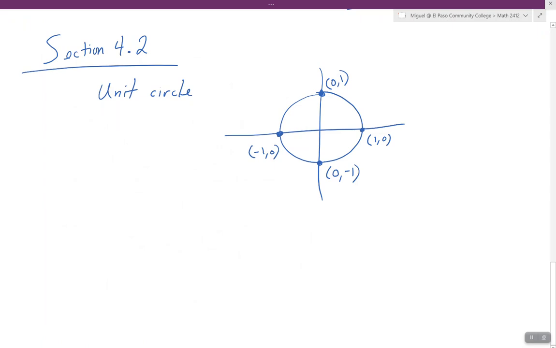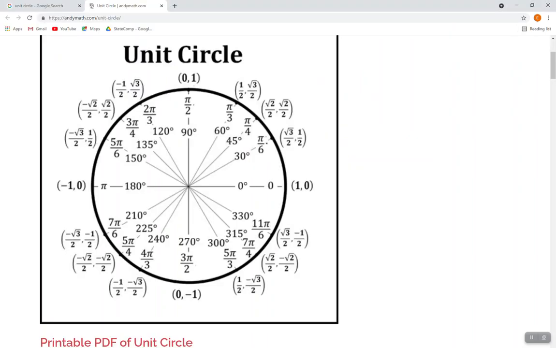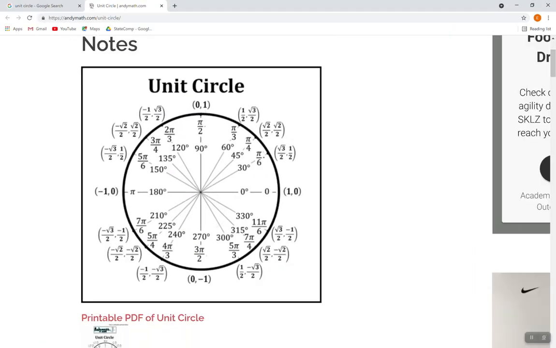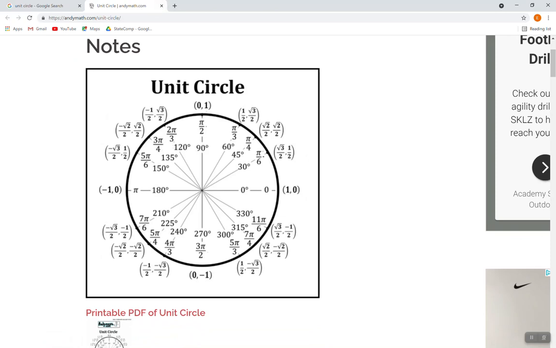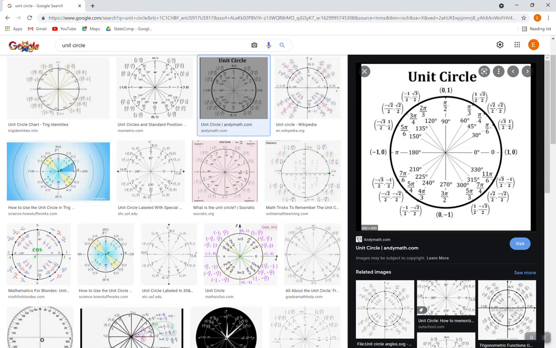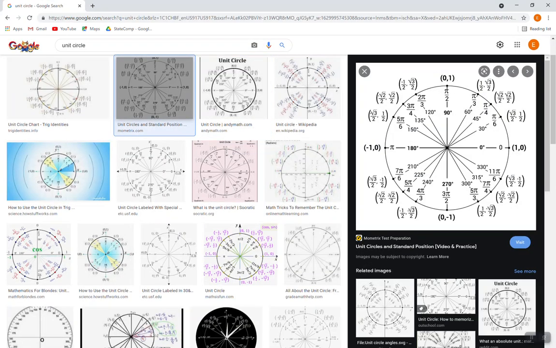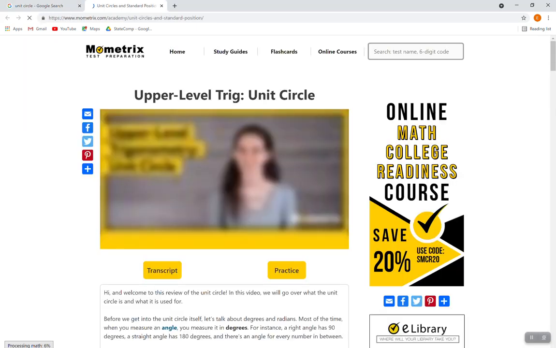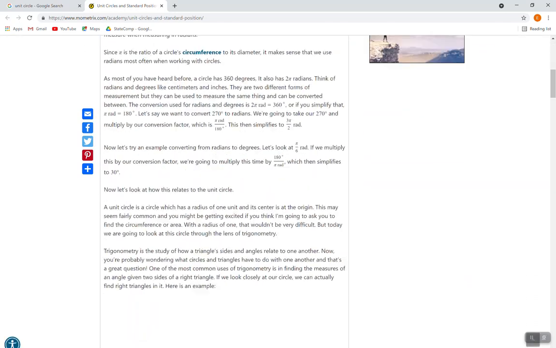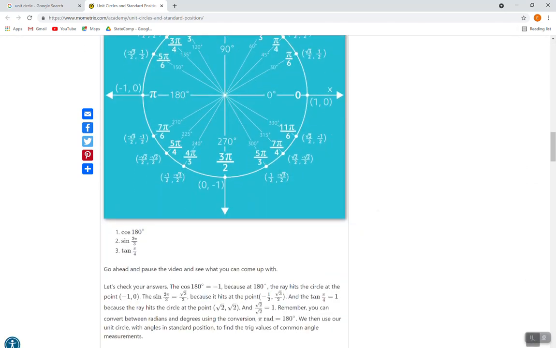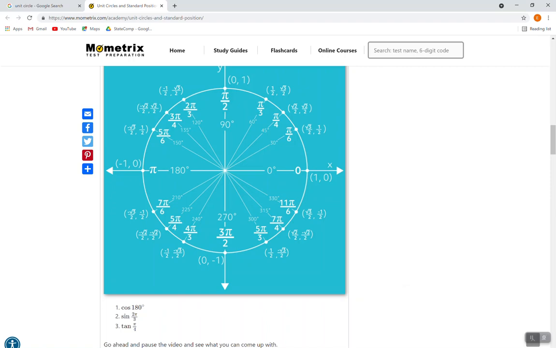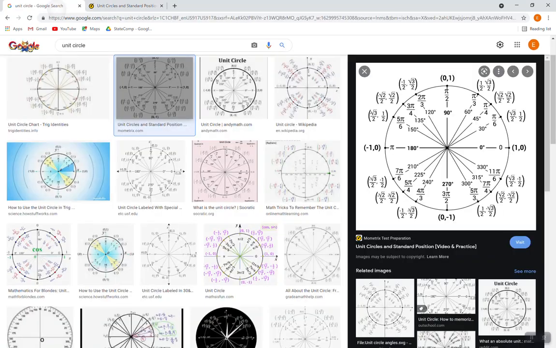Now, how will we use this? It's hard to see.